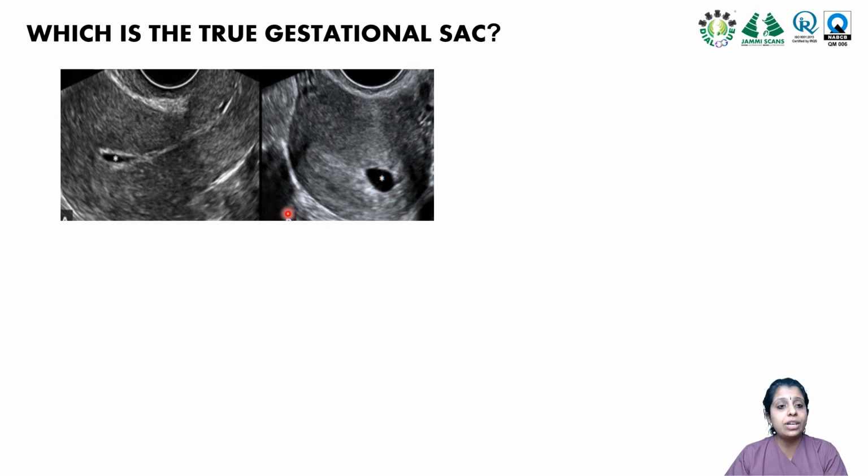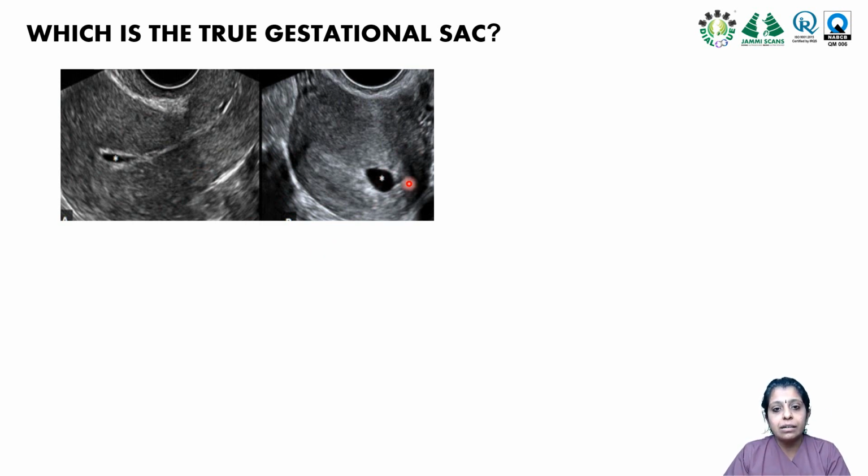As I told you one point earlier in my first slide, the sac, the regularity of the sac, because apart from that, we will not be able to tell anything about the pregnancy during the 4 weeks. So you see the location of the sac, decidual reaction, and the regularity.